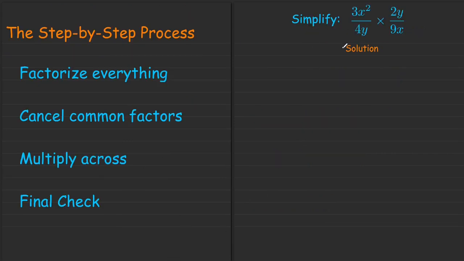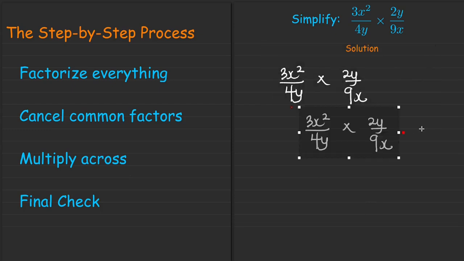Let's start with this very simple question, which says 3x squared over 4y, multiplied by 2y over 9x.